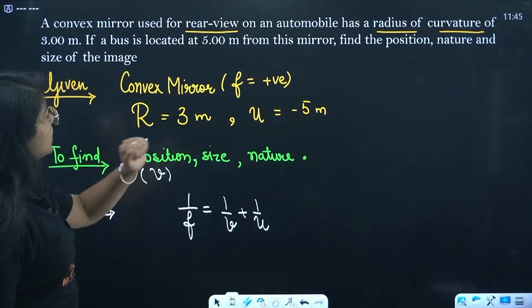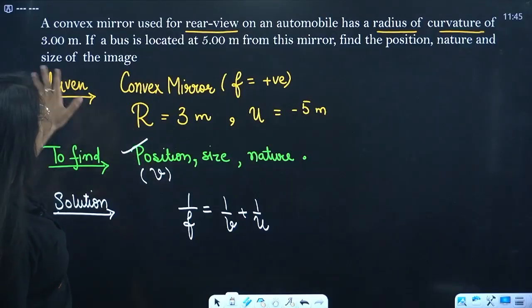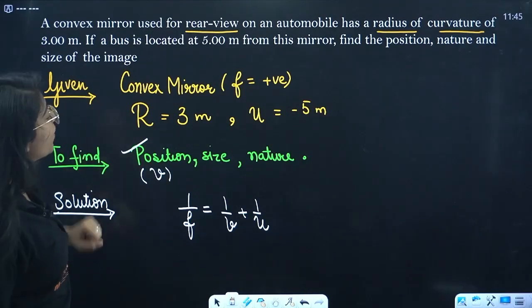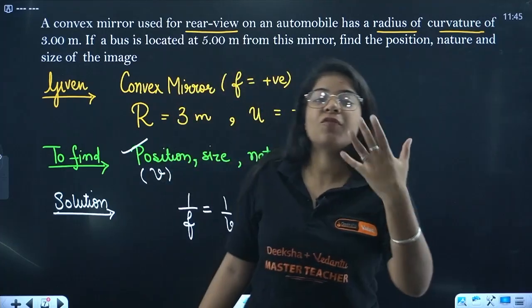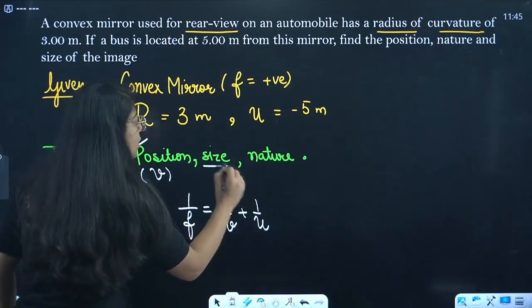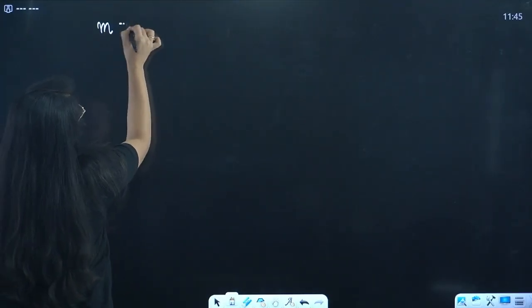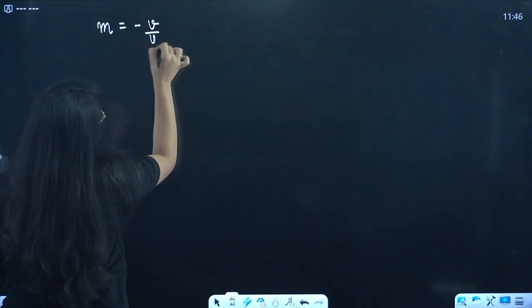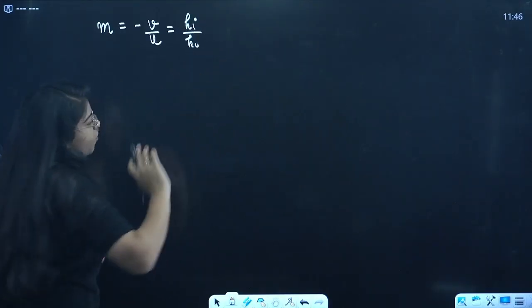Now beta, size. We want to see the nature and size of the image of this bus. So beta, in this case we are not given the size of the object, right? Whenever you want to find size, we saw the magnification formula. Magnification formula for a mirror is simply minus V by U, or height of image divided by height of object.